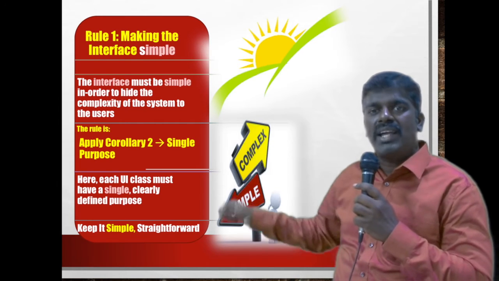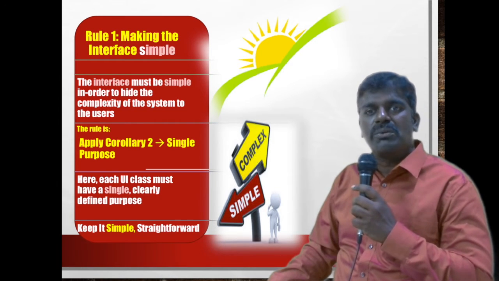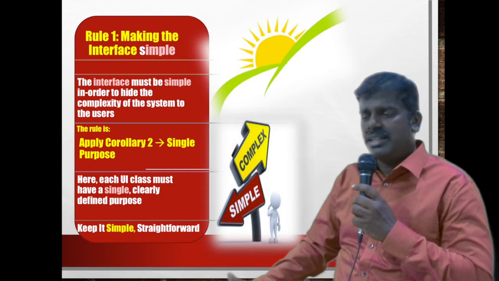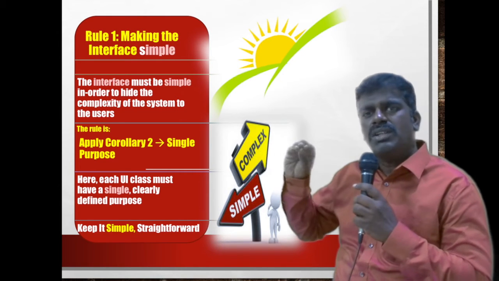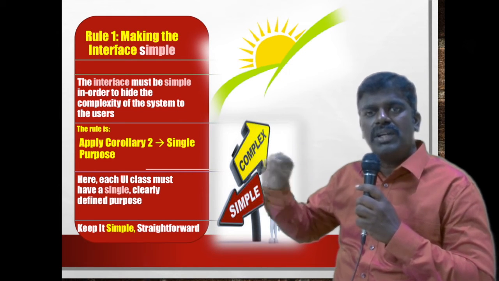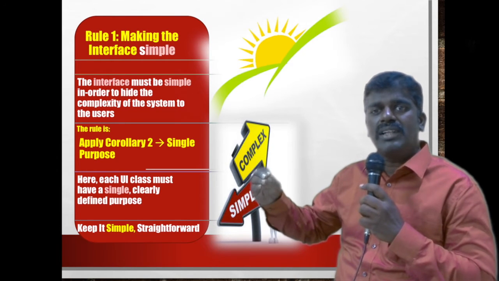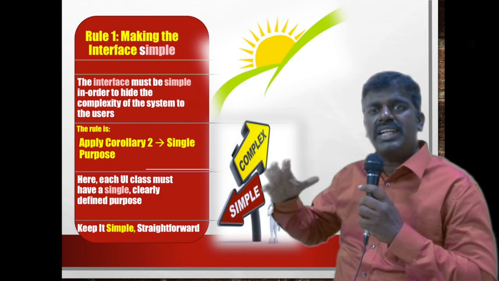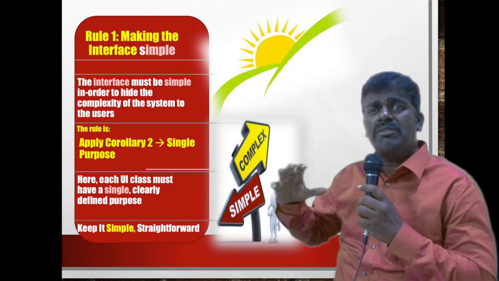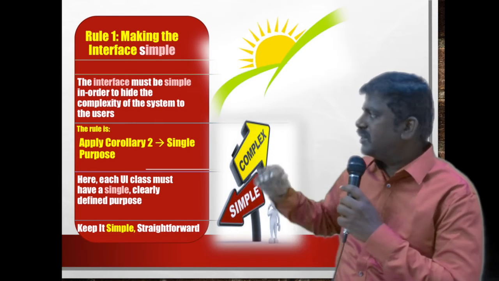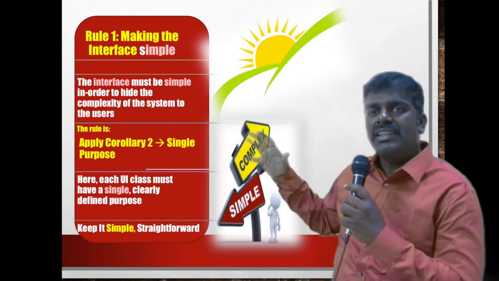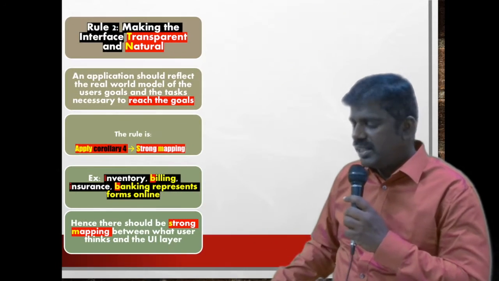What is this single purpose? Whatever actors we develop, either the members or the system, what use case they are going to perform and what functionality they have to perform has to be clearly defined. That is making the interface simple.